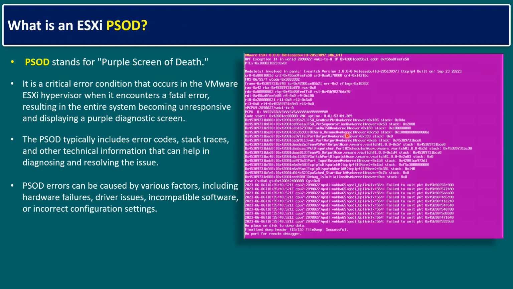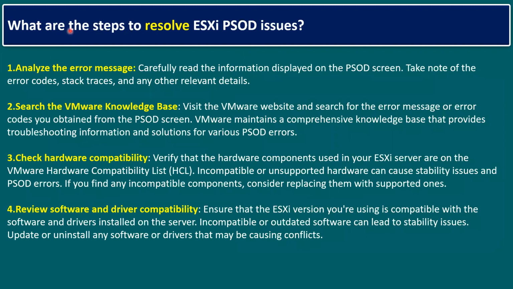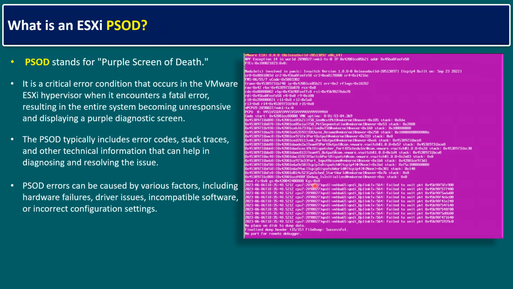So in order to resolve this, in general, there are multiple scenarios to resolve PSOD. Let me explain a few quick scenarios. What are the steps to resolve ESXi PSOD issues? The most common scenario is to analyze the error message. In our previous screen, we noticed there is an error message in the 0x4200 series, and the error is more related to the virtual machine HBA.